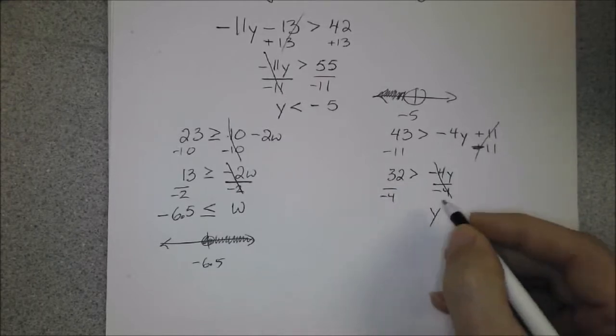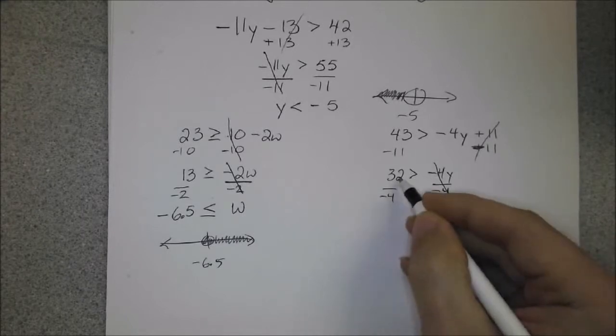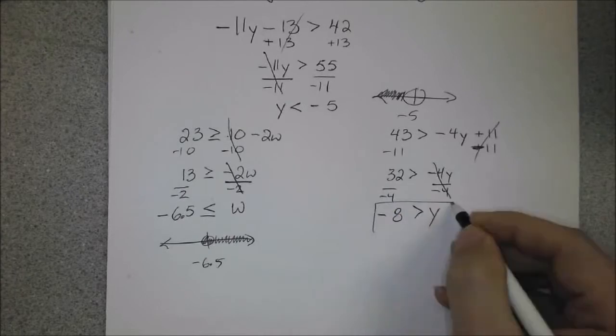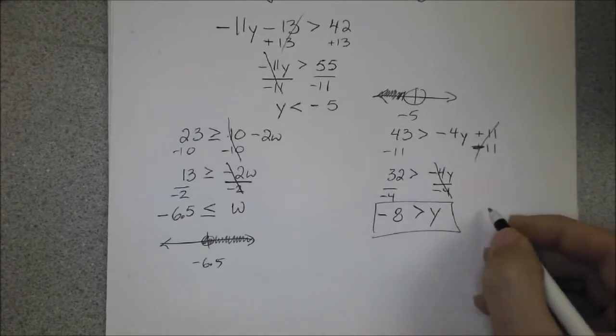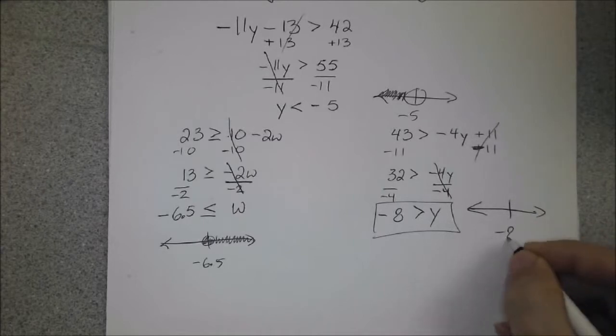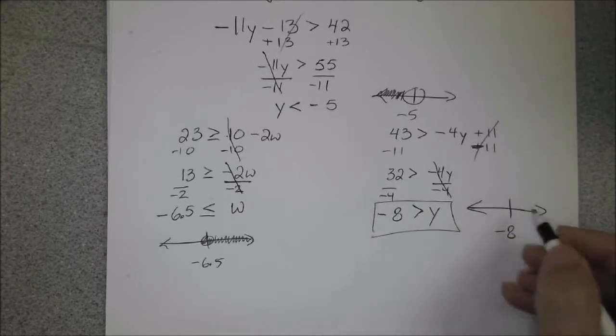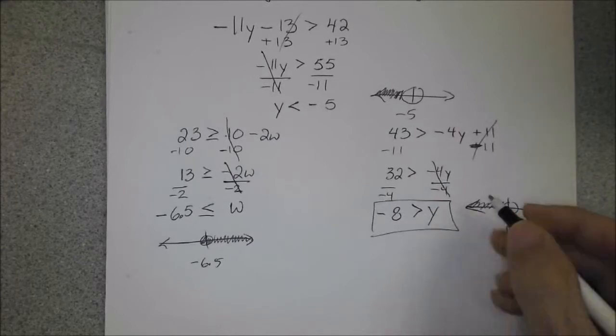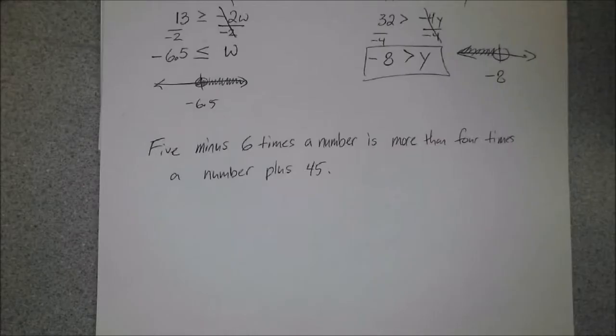So now I have y here, and 32 divided by negative 4 is negative 8. Now if I wanted to graph this one, there's a number line, negative 8, and I know that y is less than that. Since it's not equal, it's open circle, and shade in right there.